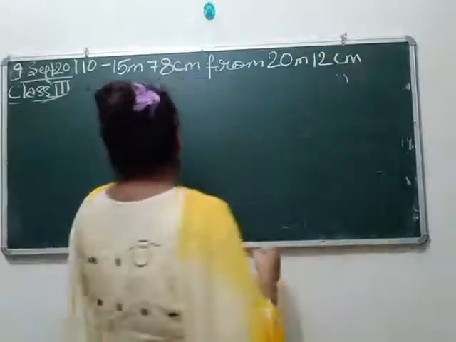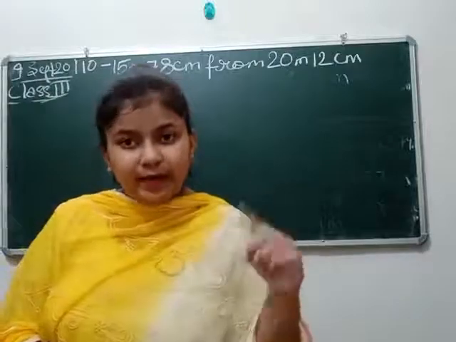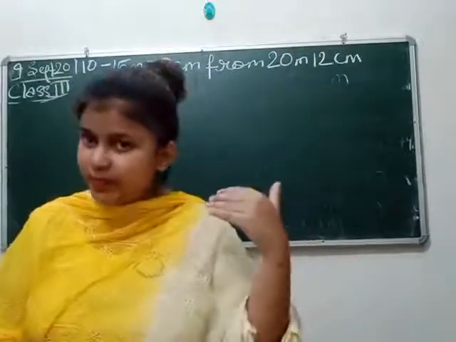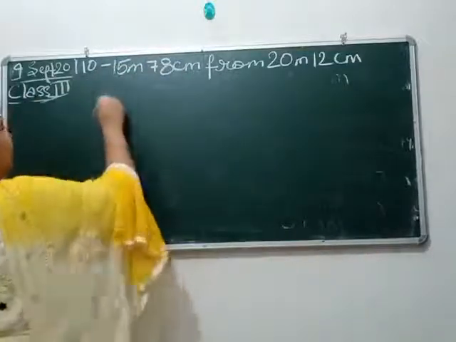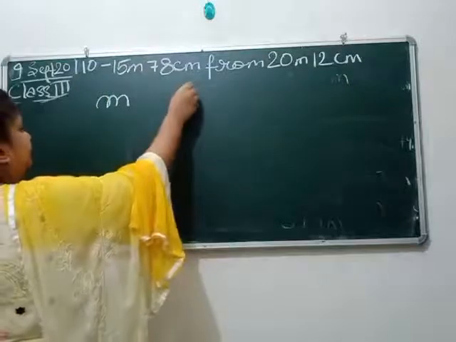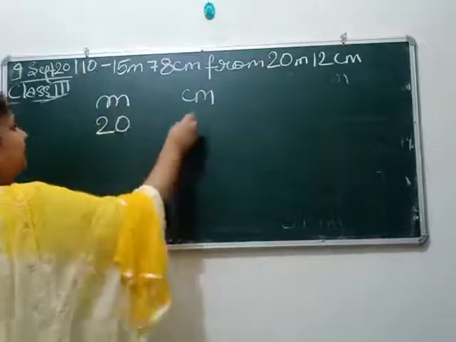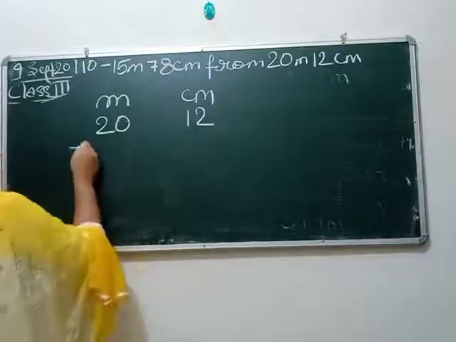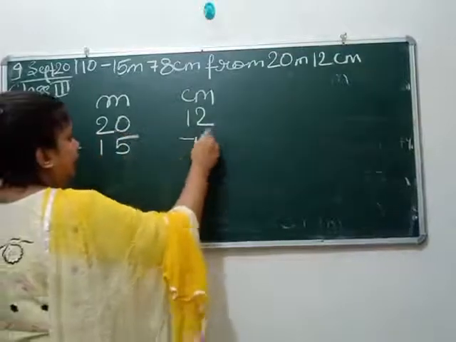So the first step in this question is that we have to arrange the numbers in meter and centimeter form, that means first arrange them in column. 20 meter 12 centimeter, and from this we have to subtract 15 meter 78 centimeter.